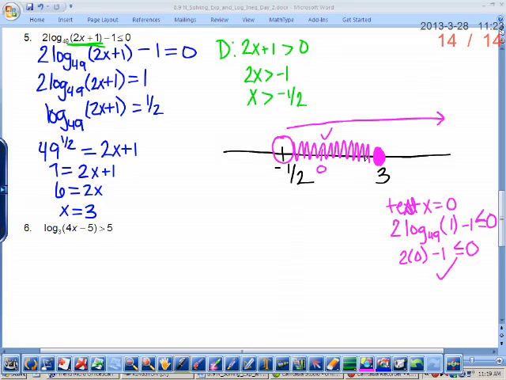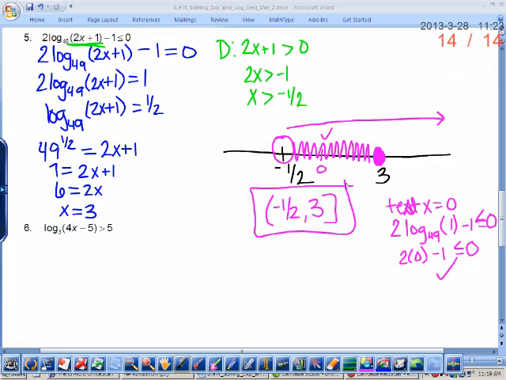Any argument, any base, anytime the argument is 1, no matter the base, it simplifies to 0. It's one of our properties. Because anything raised to the 0 power is 1. So what's our solution? -1/2 to 3 close bracket.